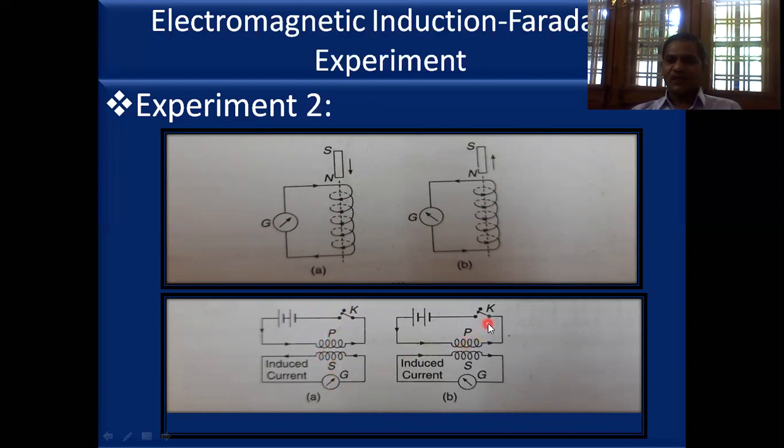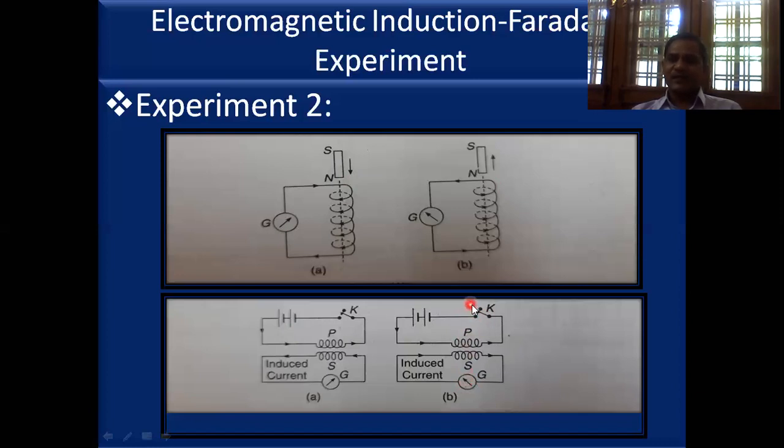In the next figure, the circuit is broken by means of breaking the key. Then current doesn't come to rest at once. Current goes from the steady value I naught to 0 after some time. In this case also, the galvanometer deflection is occurring.